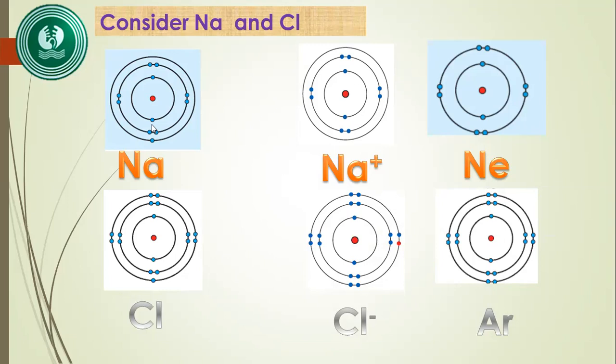But concentrate very carefully: before forming the ions, the sodium and the chlorine are neutral atoms. Now they become ions: the monopositive sodium ion from sodium and the mononegative chloride ion from chlorine.